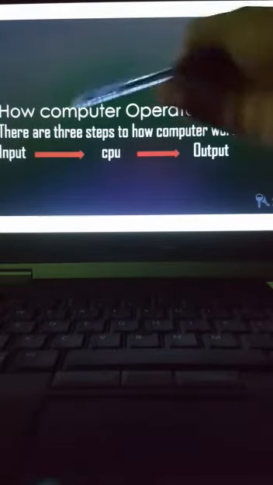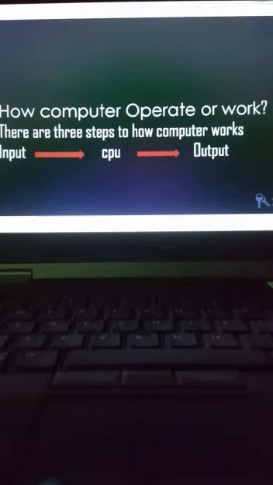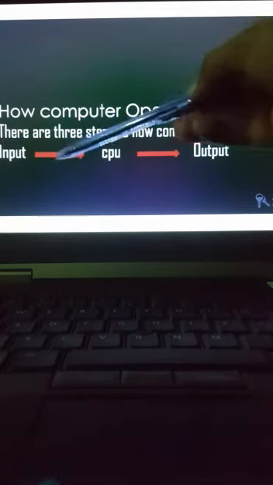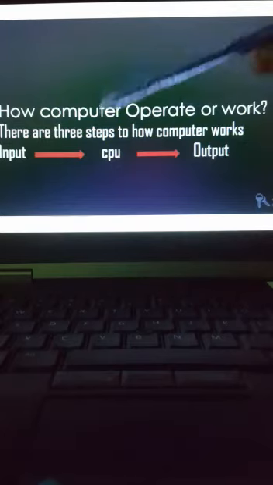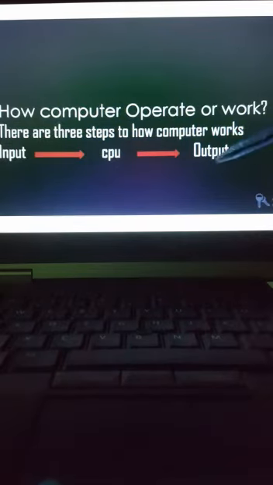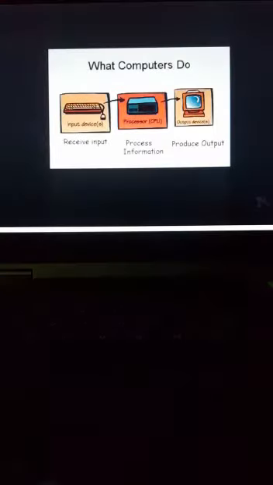So how a computer operates, we can understand or learn by a simple, daily use example. So what is that example? Let me show you. What does a computer do? It receives inputs.